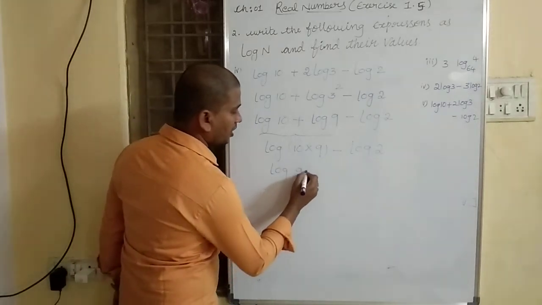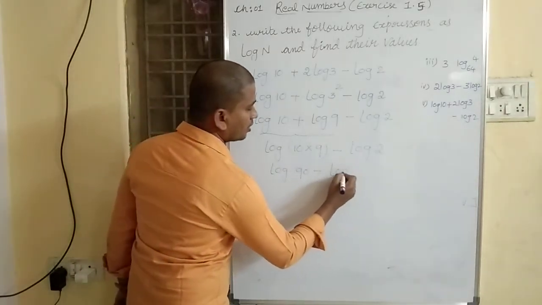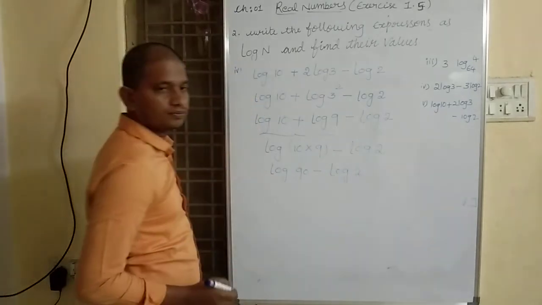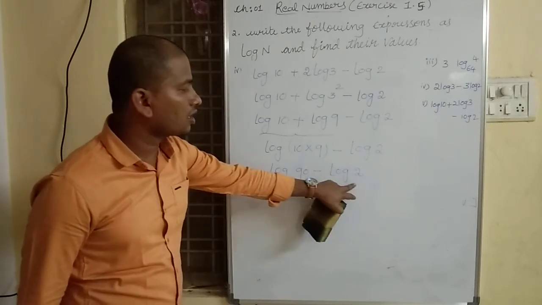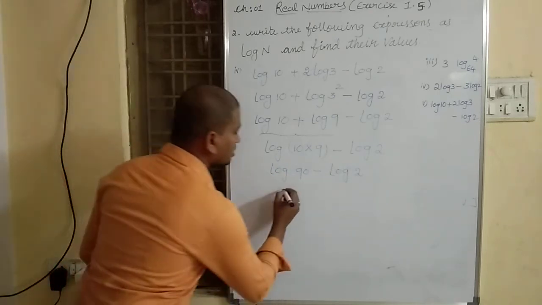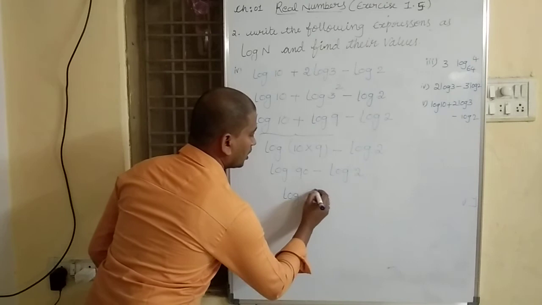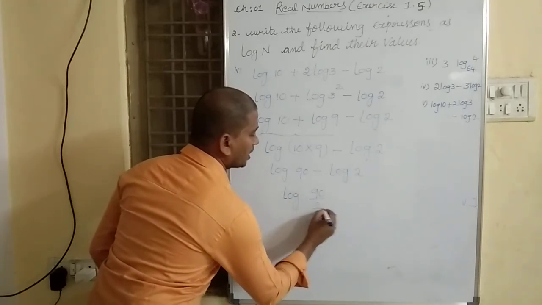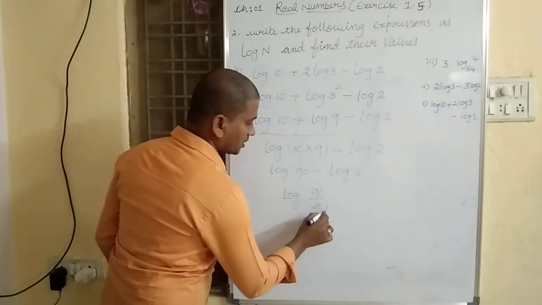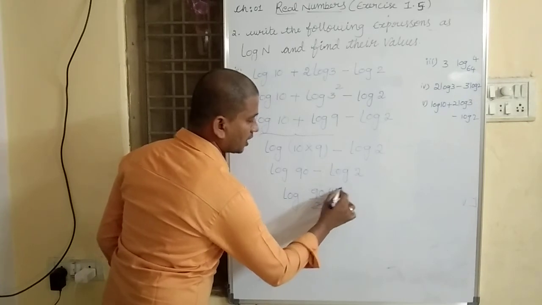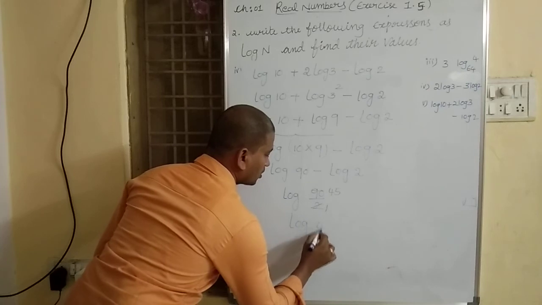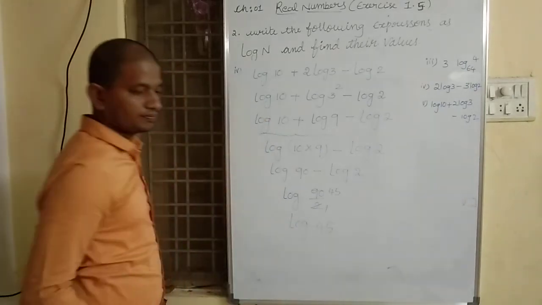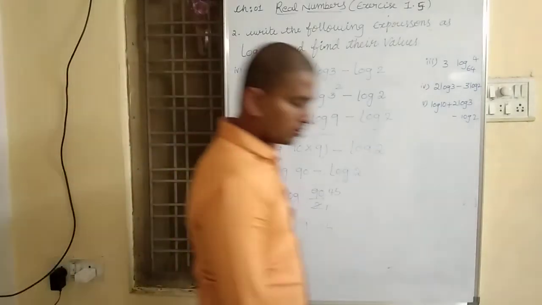Log 90 minus log 2. Now which is in the form of log a minus log b, I can write as log a by b. 2 times 45 is 90. So what is the answer here? Which is log 45. Got it?